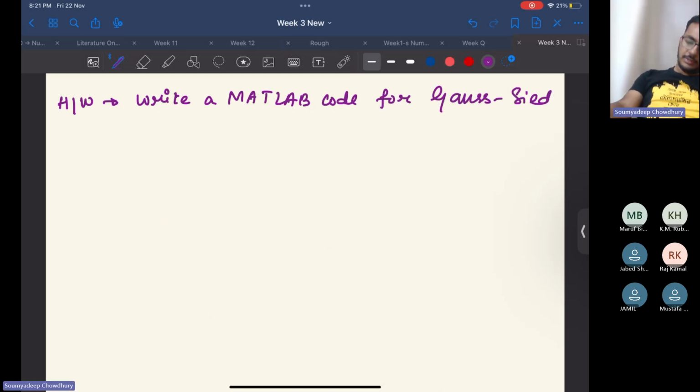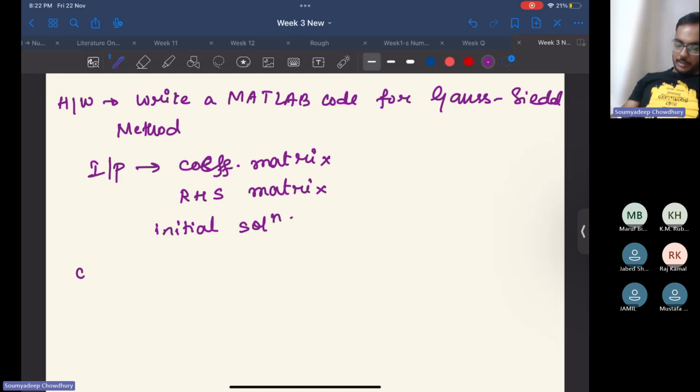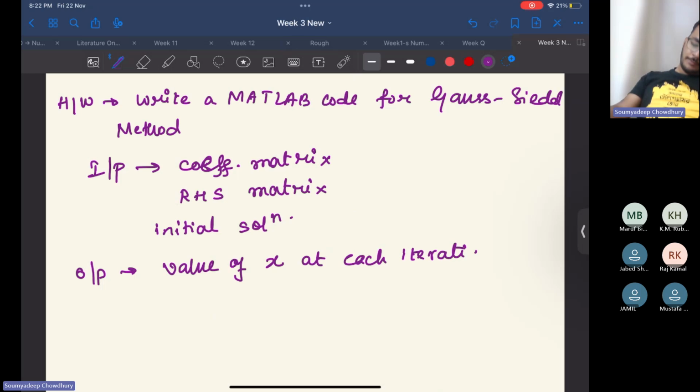for the Gauss-Seidel method. Your inputs will be the coefficient matrix, the RHS matrix, and your initial solution. These three will be your input, and your output should be the value of x at each iteration, the final value of x, and the number of iterations required.